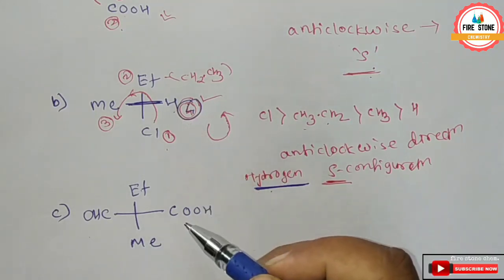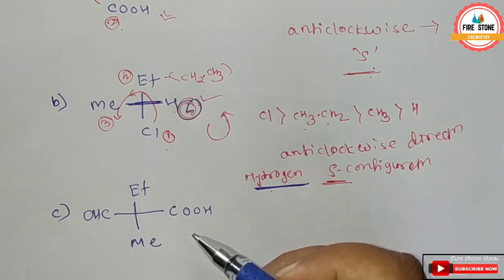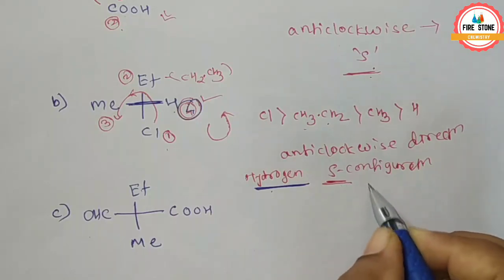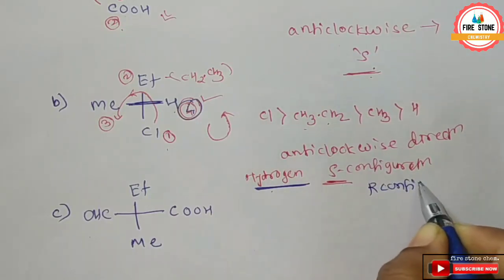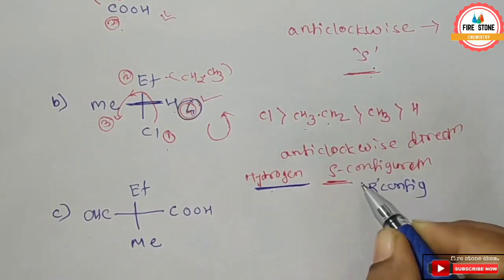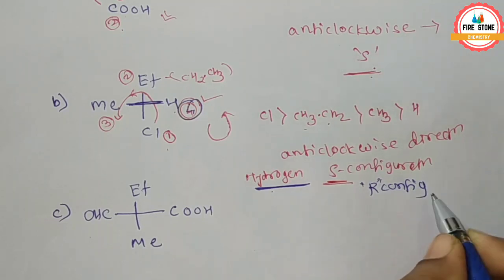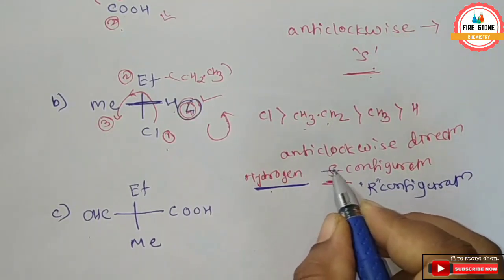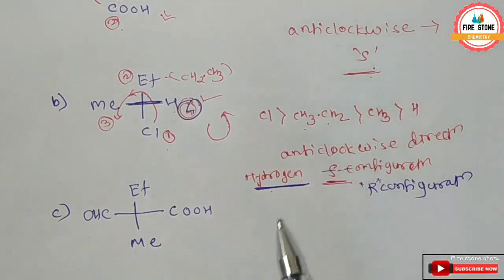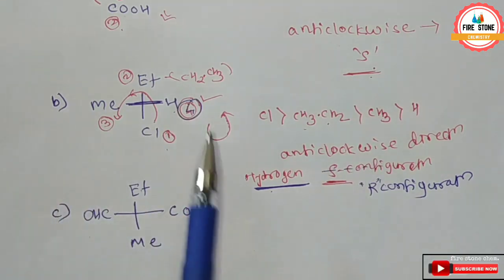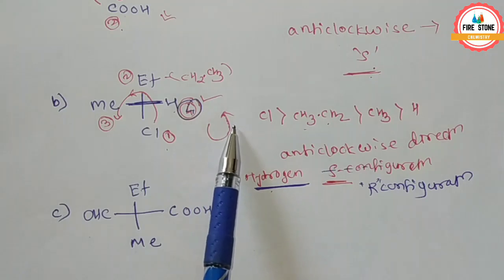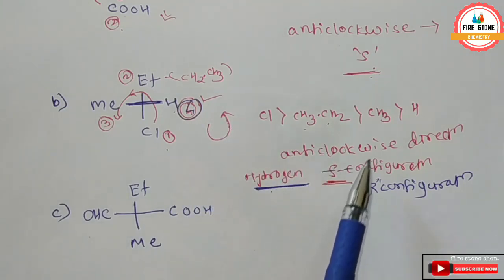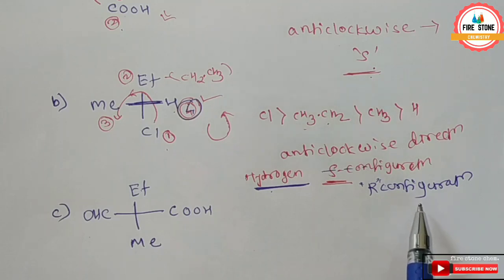So the configuration is R configuration. So its real configuration is R configuration because here the lowest priority group is on the horizontal line. So here configuration is changed, which is R configuration.